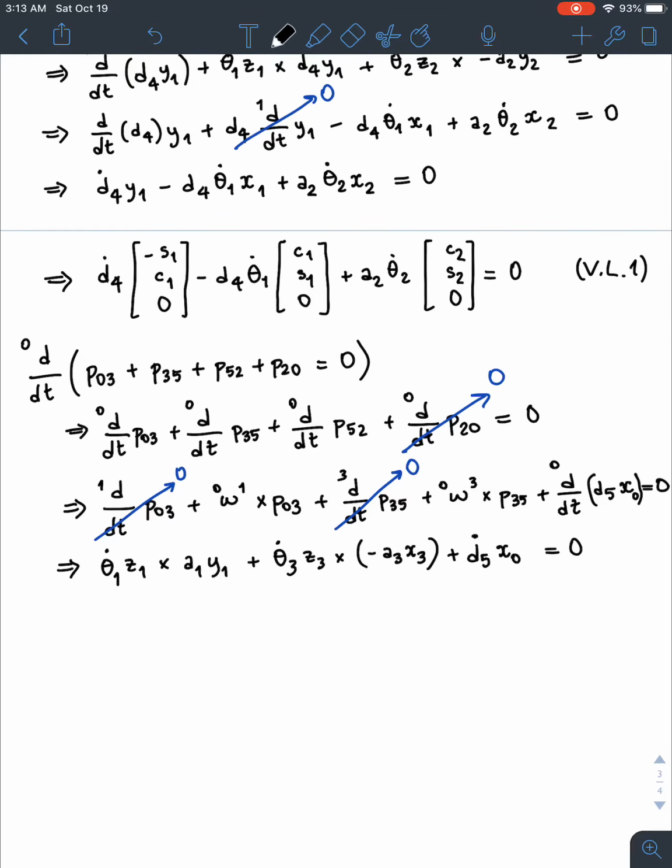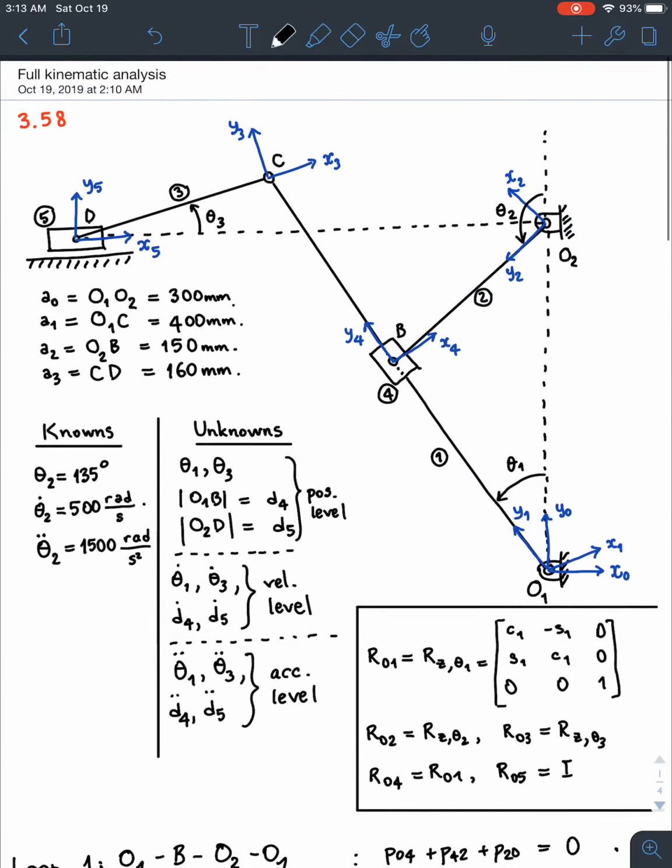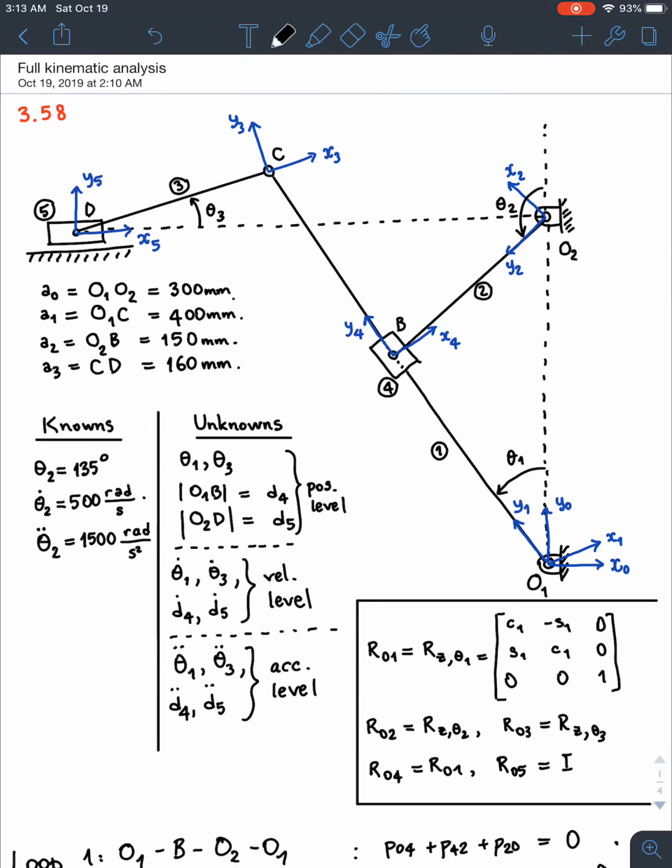Okay, let's double check this. P03 is the vector from O1 to C. Its length is A1 and it is in the Y1 direction. That was correct. P35 was over here, right? It's from the origin of the third frame to the origin of the fifth frame. So its magnitude is A3 and its direction is minus x3. So that is correct as well.